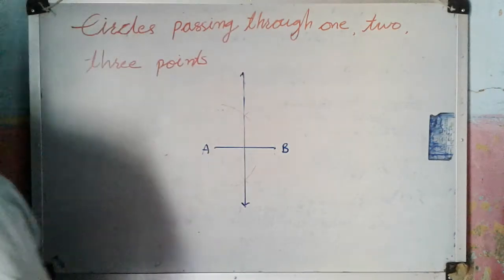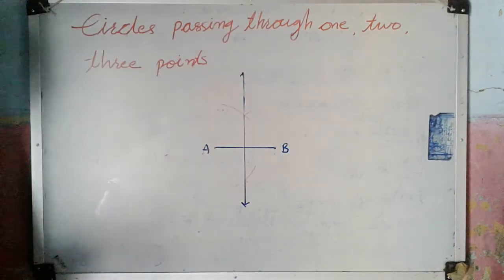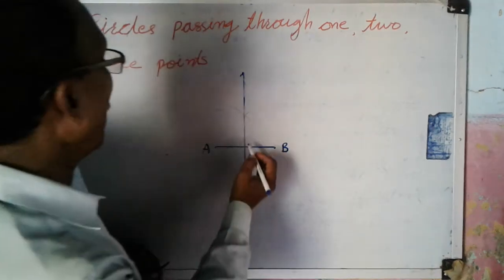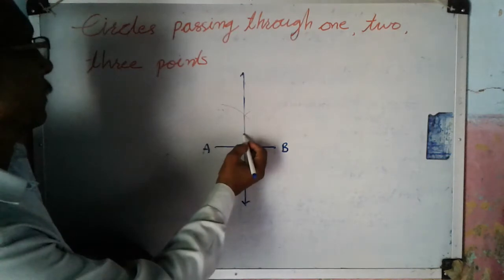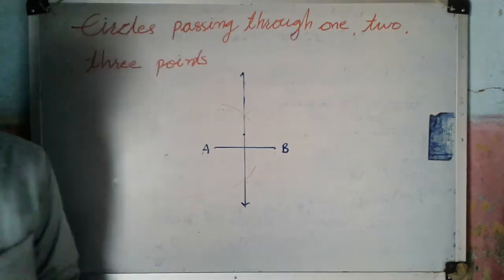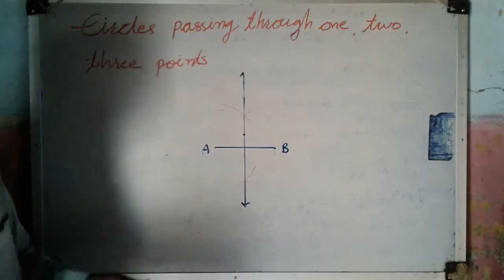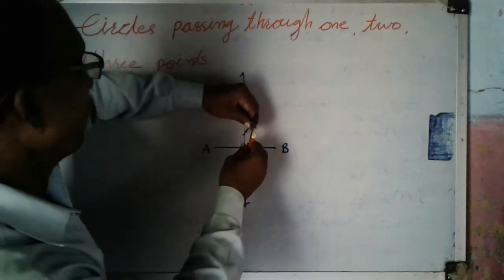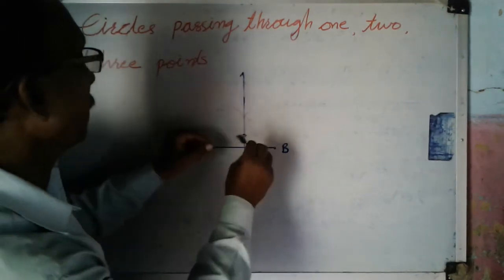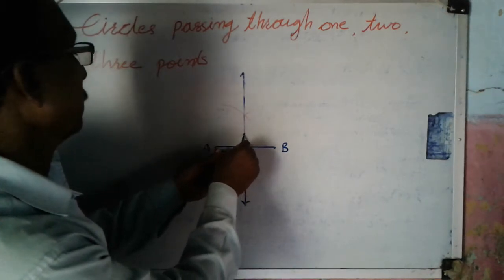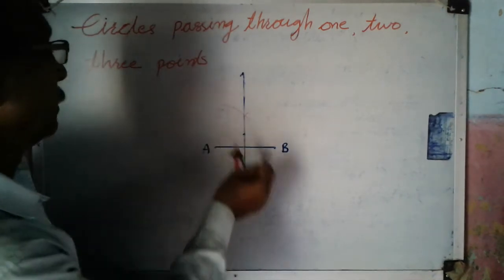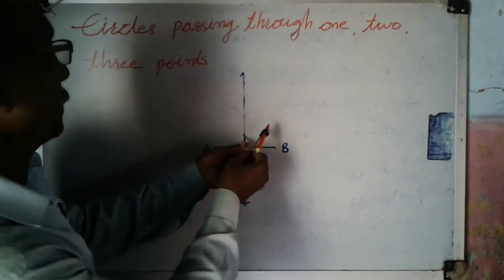Now you take any point on this bisector as a center and draw a circle with radius. Okay. Now you can draw this circle.